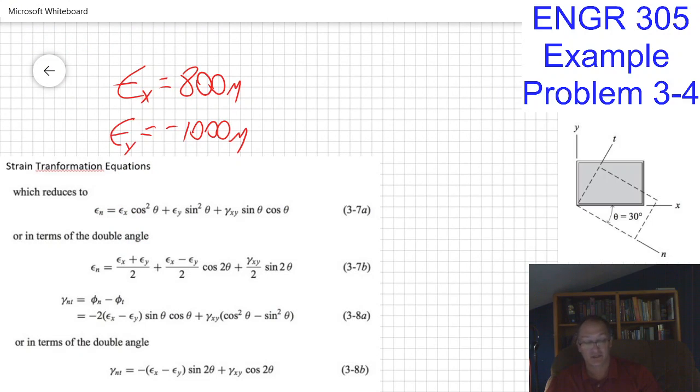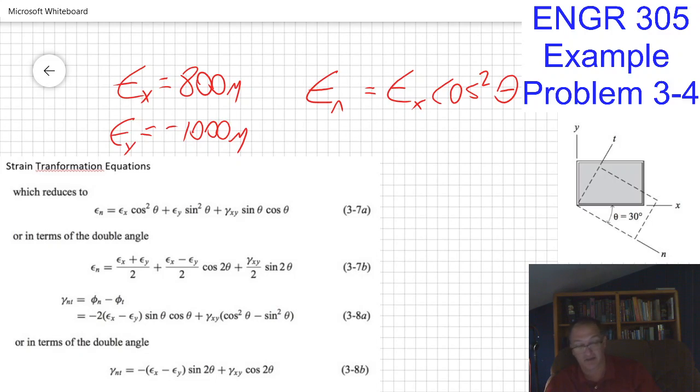So I can start chunking in. The strain in the N direction is equal to the strain in the X direction times cosine squared theta, plus the strain in the Y direction times sine squared theta, plus shear strain times sine theta cosine theta. I can start plugging in values. They're all listed there.